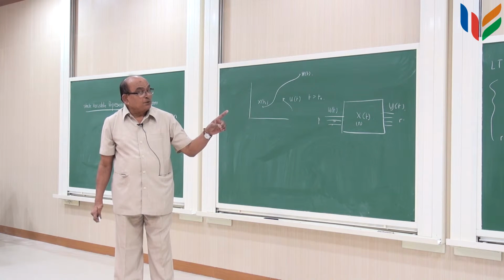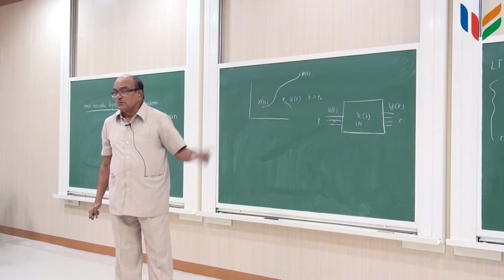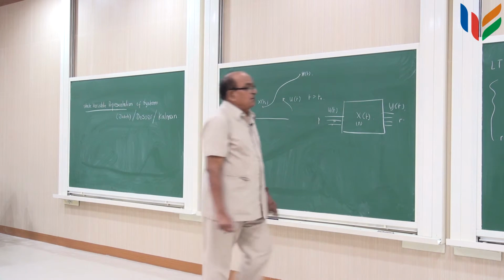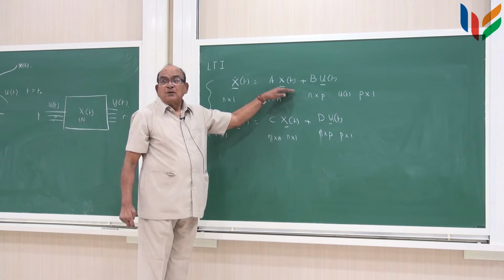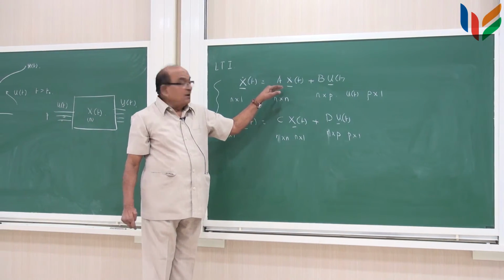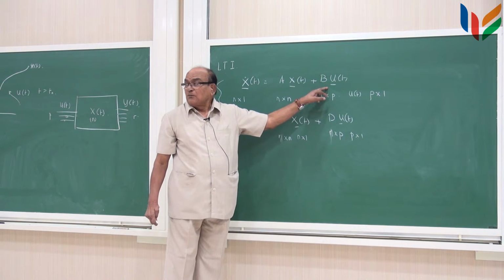Now, this particular representation I have written down is for linear time invariant systems, in the sense that this equation is linear with respect to the input and the state, and time invariant because A and B are not functions of time.